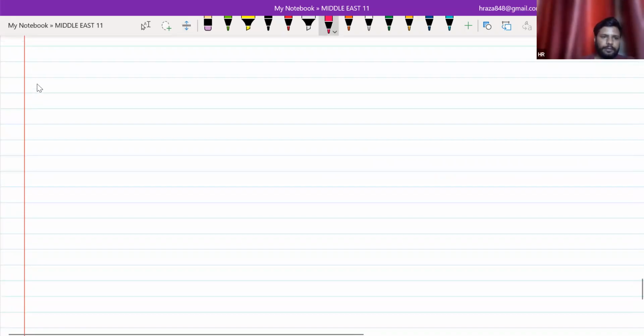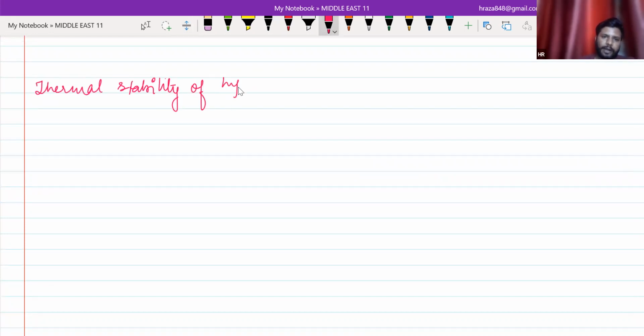Now we have the thermal stability of hydride. What is the thermal stability of hydride? Thermal stability stands for stability towards heat.